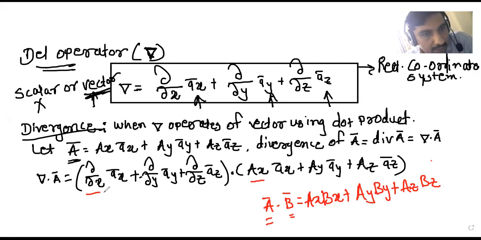So dou by dou x ax, dou by dou y ay, and dou by dou z az.